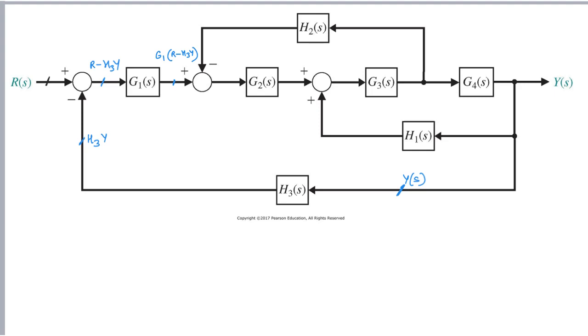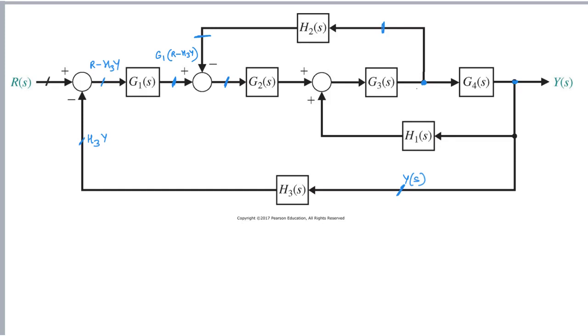Now I want to calculate the signal at this point. For that I need to know the signal at this point, which I don't know. So what's the signal here? Well, we don't know, but what we know is whatever signal is here times G4 is Y, right?